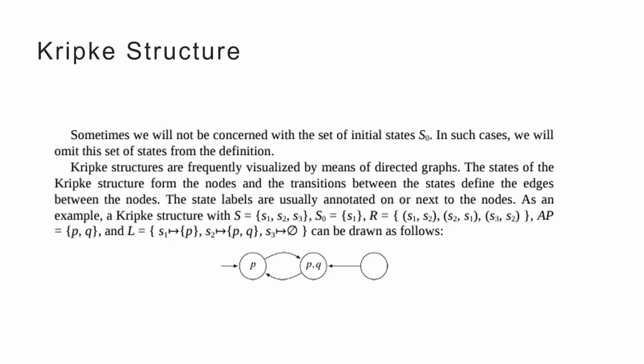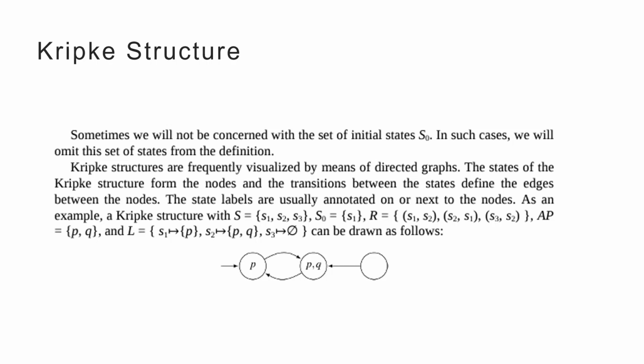The finite state machine we mentioned earlier is formally called a Kripke structure, which can be roughly understood as an automaton without accepting states, and it can be represented by a 5-tuple.